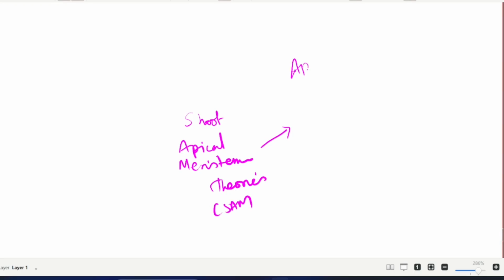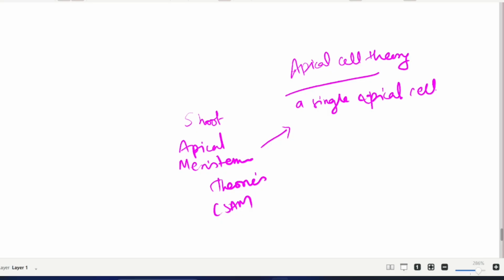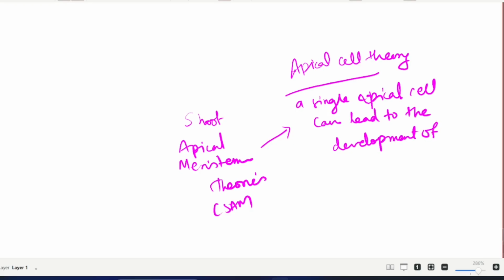First is the apical cell theory, where a single apical cell, pyramidal or vase shaped, also known as the apical initial, can lead to the development of the entire plant body.